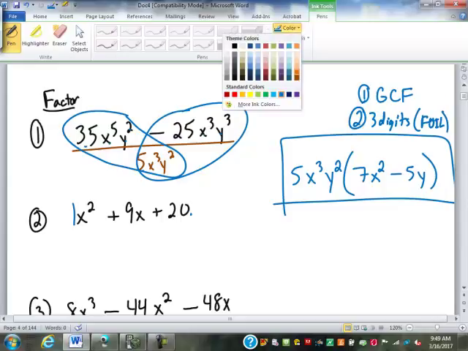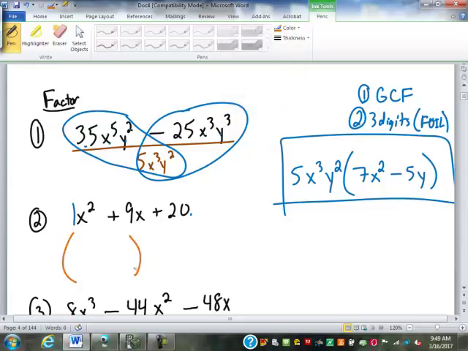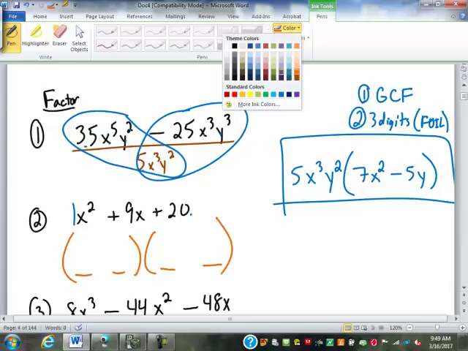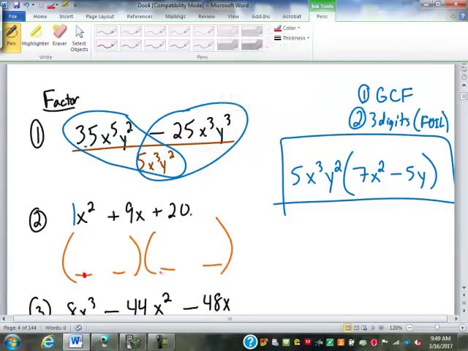If you're called to do that, we're breaking this down into 2 binomials. So each of these is going to have 2 terms in them. Remember, the F in FOIL stood for first. These 2 have to multiply to make that.